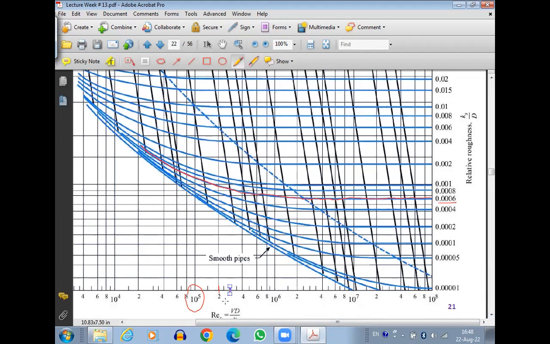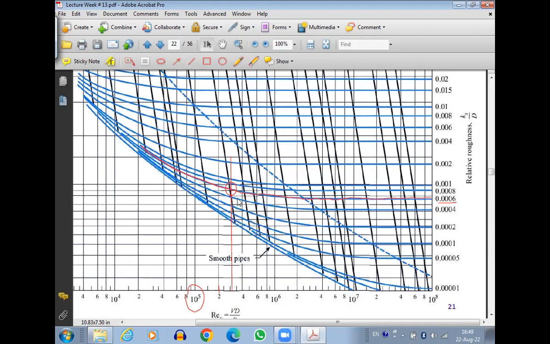Let me draw a line. This is the line drawn, and this line is intercepting at this point. This is my point of interception.